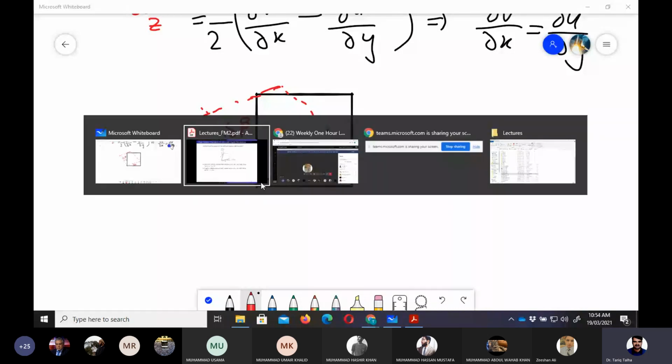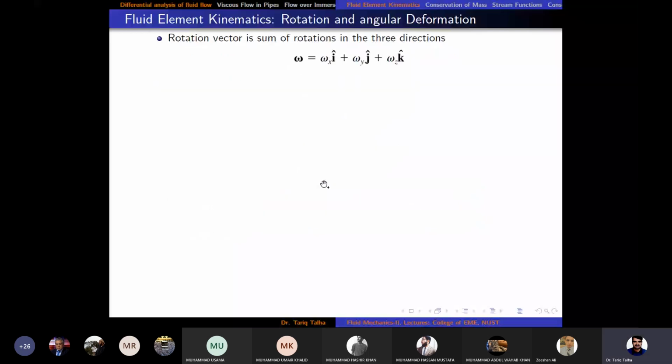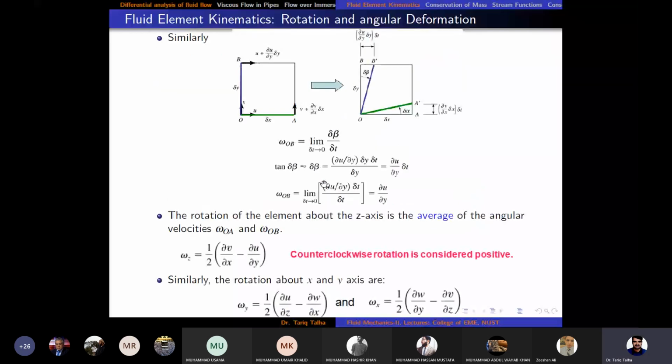Okay, second point, that is the angular deformation without rotation. It means that there is no net rotation of the element, but only change in shape. So that can only occur when we have zero rotation. So zero rotation would occur if we go back to this formula. When would zero rotation occur?